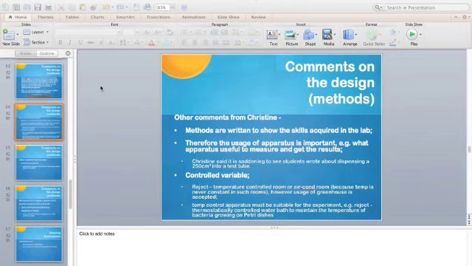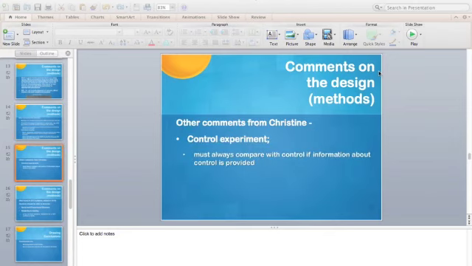So in this case, we have to advise our students with caution. With regards to the control, Christine did mention that if there is information about the control provided, students must always relate the use of this control in their methods. So that is important.